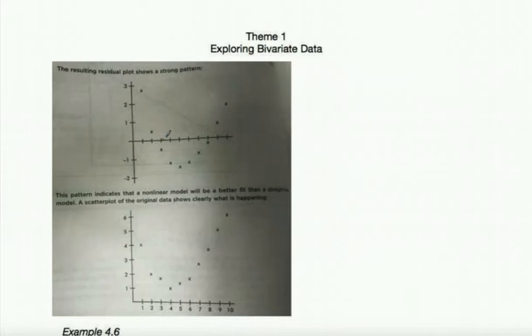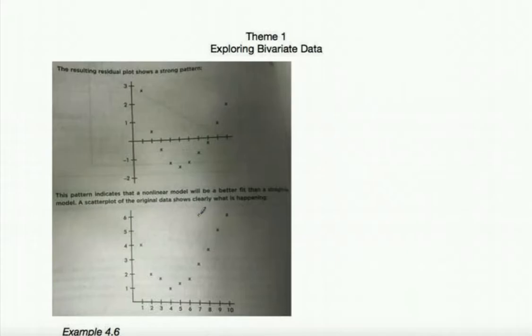When our x value was equal to 3, we had a residual value of negative 0.54, and so on and so forth. So whenever you look at that residual plot, notice that you have a shape to it. You've got a definite pattern that looks almost quadratic. This pattern indicates that a nonlinear model may be a better fit than a straight line model.